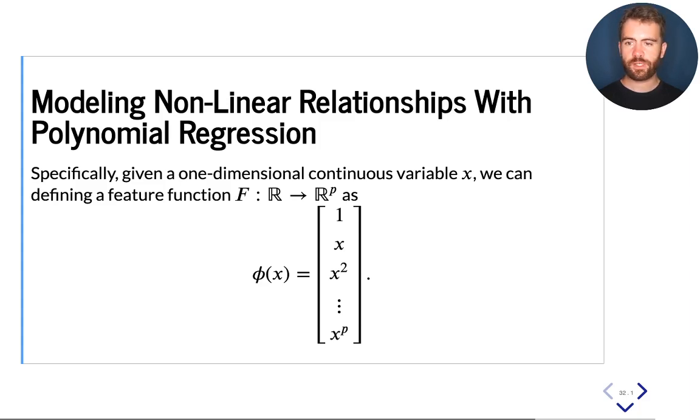This would be the setting that we had earlier in the BMI example. And now consider a feature function which has this form. Essentially, this feature function maps our one-dimensional attribute to a p+1 dimensional space. This is actually a typo. And this function takes on the following values: x to the power 0, x to the power 1, x to the power 2, etc., up to x to the power p.